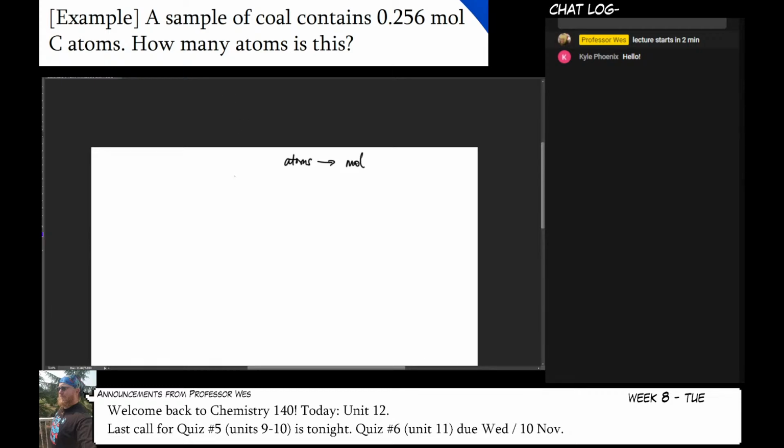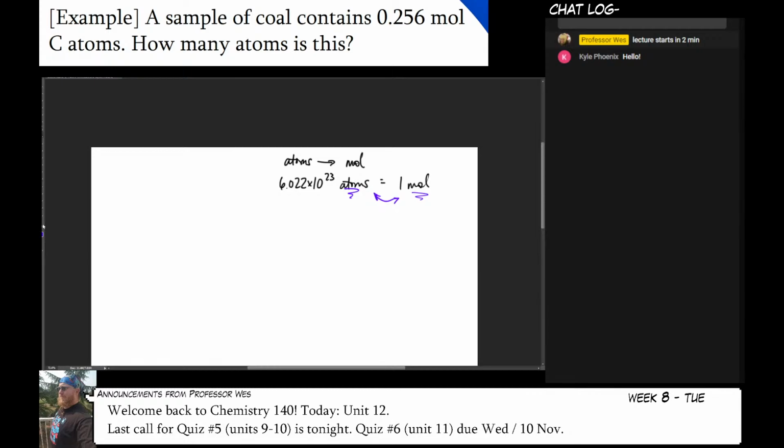All right. So how do we do that? Well, we know that there are Avogadro's number of atoms in 1 mole. So if I have one of these quantities, either I'm starting with some number of moles or some number of atoms, I can convert to the other thing, just like we had done before.